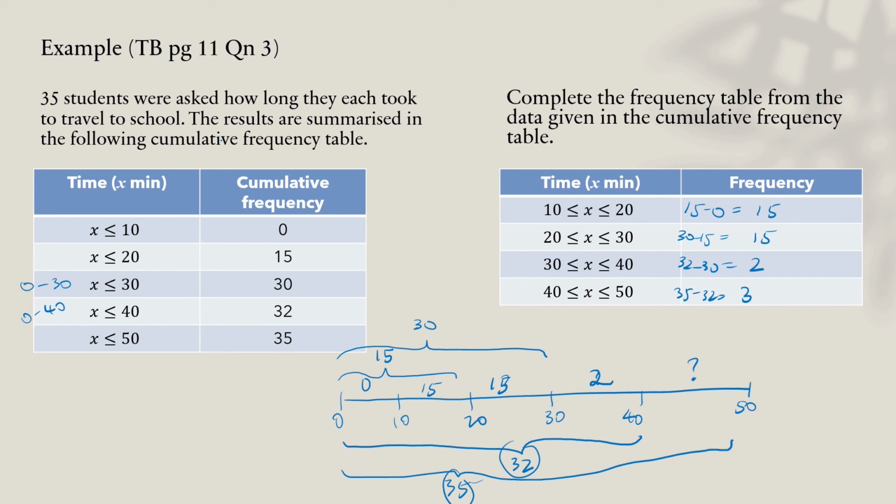So in short, in summary, from frequency to cumulative frequency, you will actually plus. That was the previous example, but if you're going from cumulative frequency to frequency, you'll actually minus. That's a general rule.